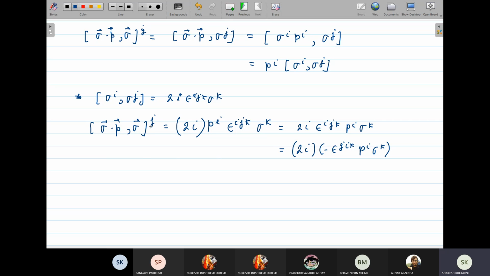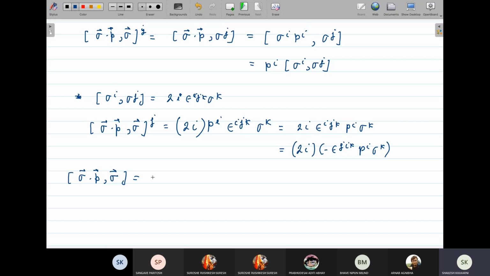Okay, so this component of this commutator is this. So what will it be for the general sigma vector? Sigma dot p with sigma will be what? It is like epsilon jik pi sigma k. What will that be? It is like p cross sigma, understand?